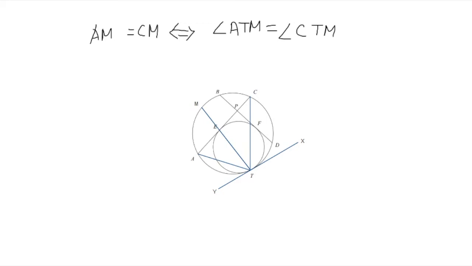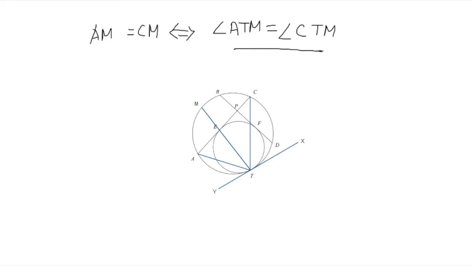If we have this angle equality, of course the equality of the arcs will follow and vice versa. So if we show this equality here, then we would have solved the problem. So for that, let us now do some angle chasing on this figure.